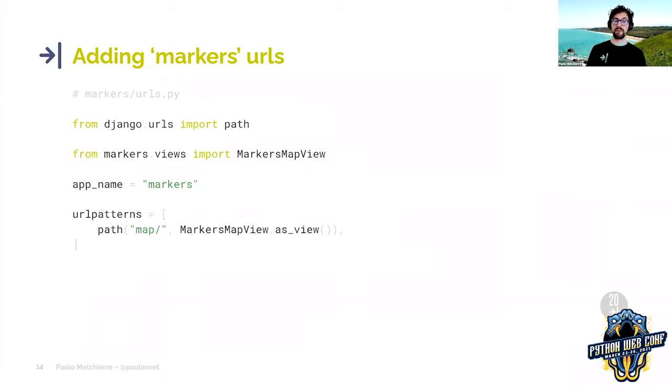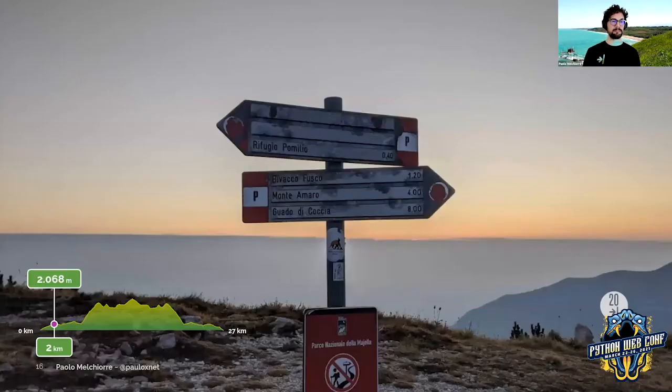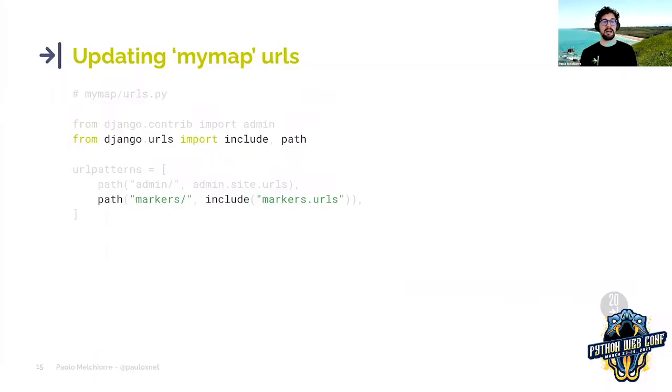In the markers URL file, we must now add the path to view our map using its template view. As a last step, we can include in turn the URL file of the markers app in that of the project. We just made a first view in Django, but it will show a blank page, so we can avoid checking the browser, and let's move on to something more challenging.